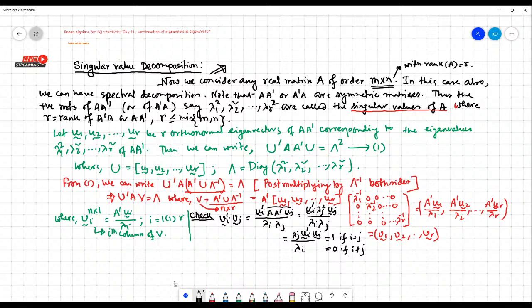This implies V1 curl, V2 curl, up to Vr curl also is a set of r orthonormal vectors.